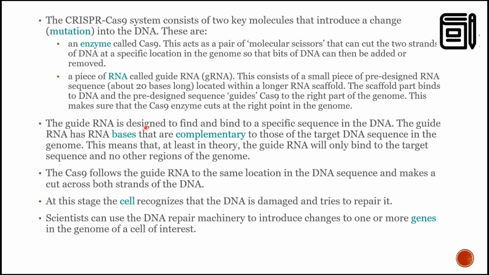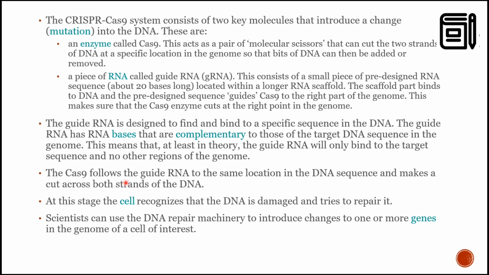The guide RNA is designed to find and bind to a specific sequence in the DNA, and it has RNA bases that are complementary to those of the DNA sequence in the genome. This means that the guide RNA will only bind to the target sequence and no other part of the genome. By making sure that it does not bind to other regions of the genome, we can edit the DNA as we need.